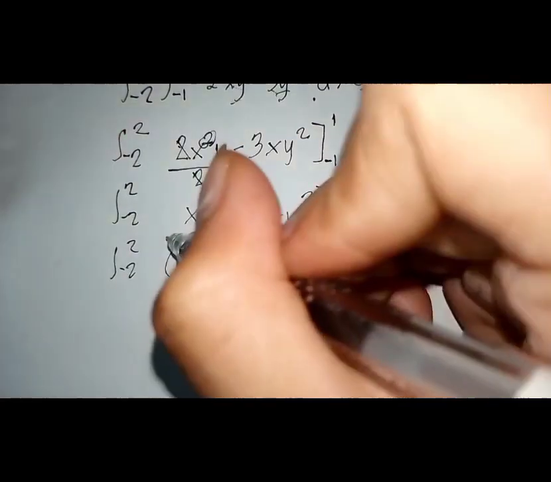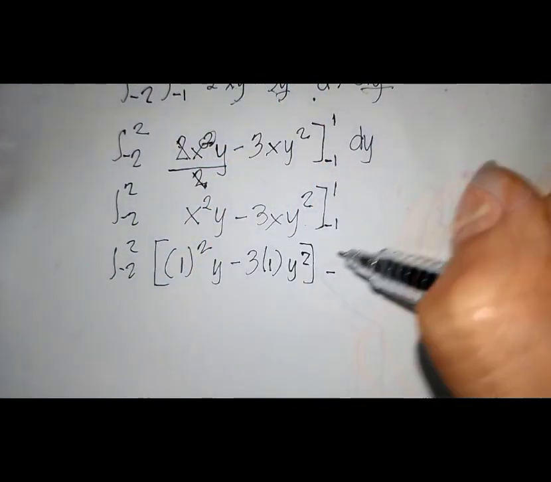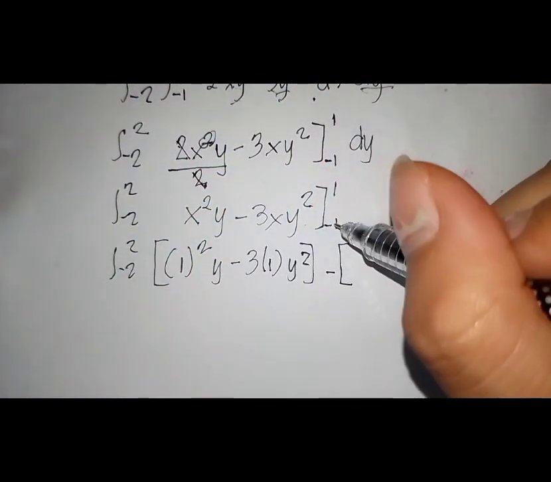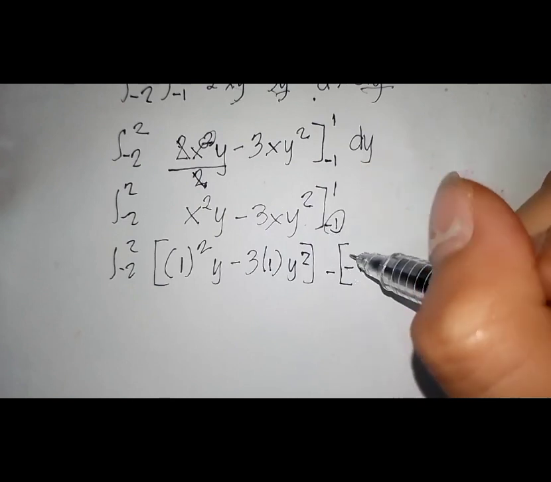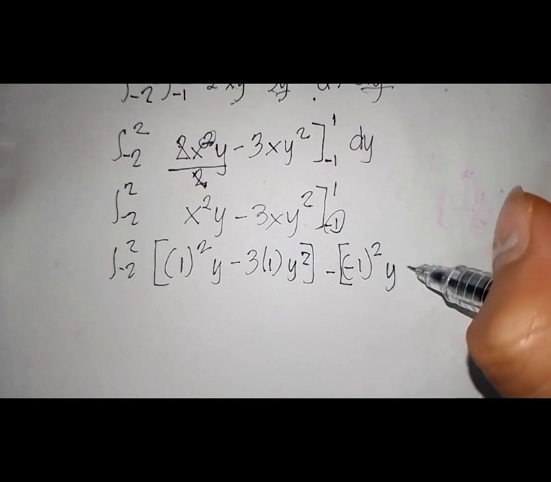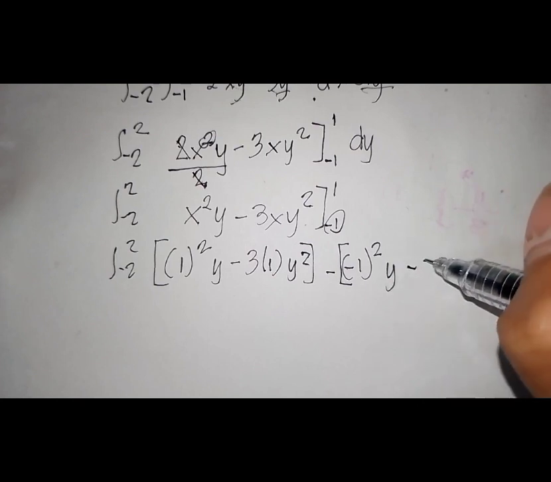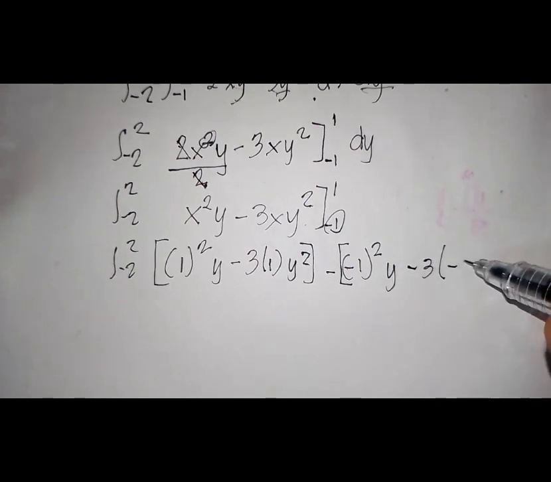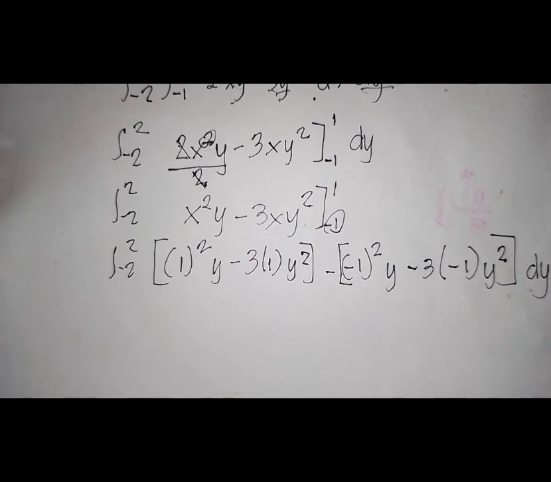So negative 2 to 2, 1 squared times our constant y, minus 3 times our x, 1, times y squared, minus our x here, negative 1 squared times y, minus 3 times negative 1 times y squared, dy. Then simplify.